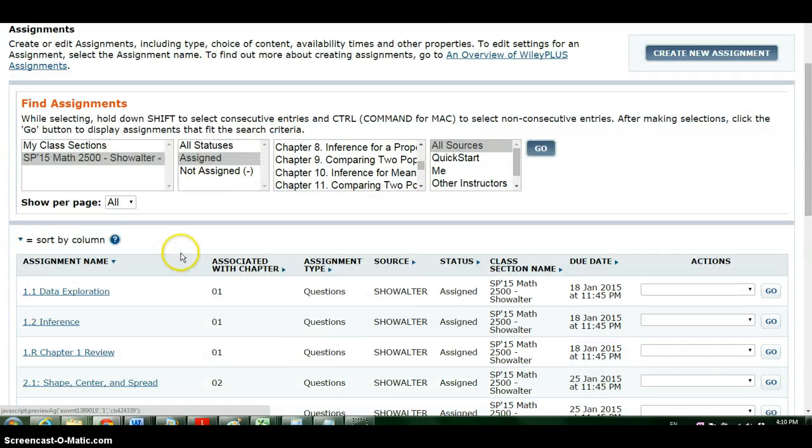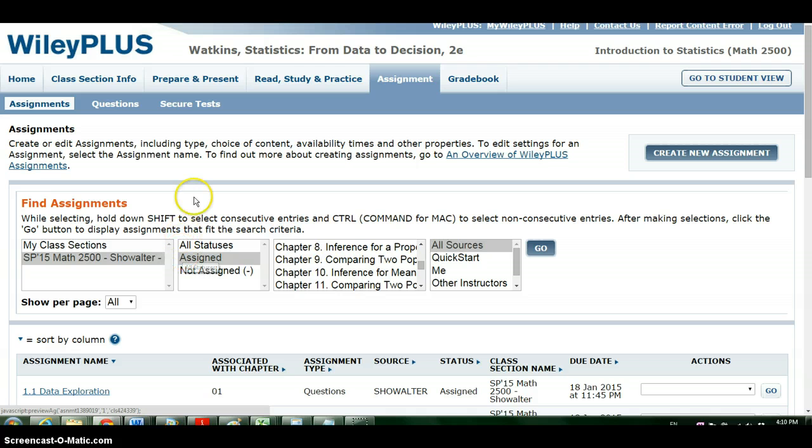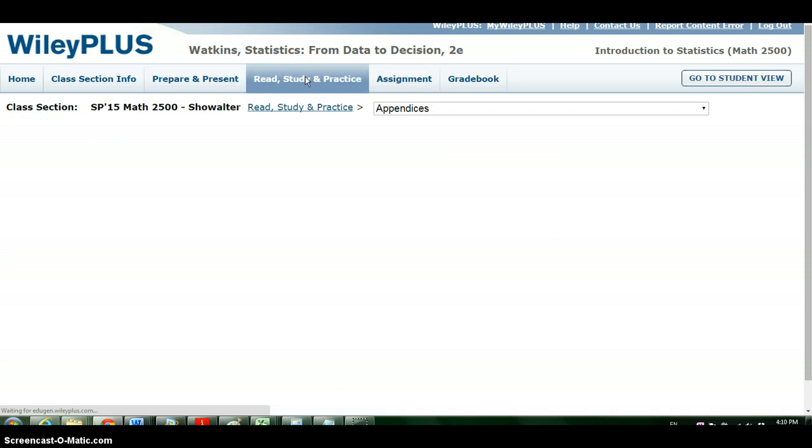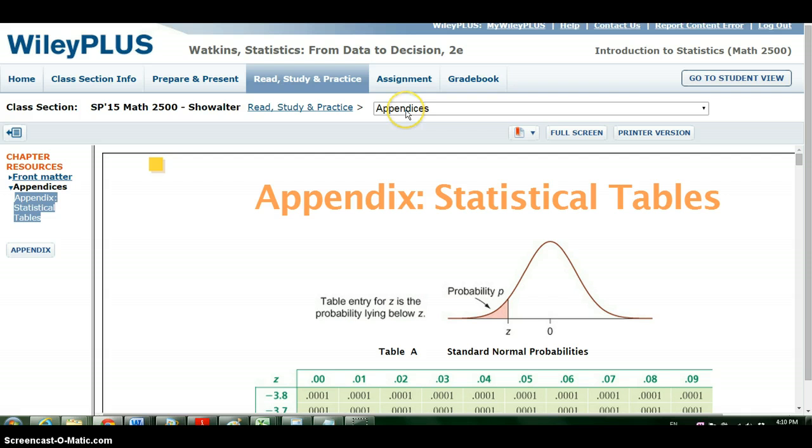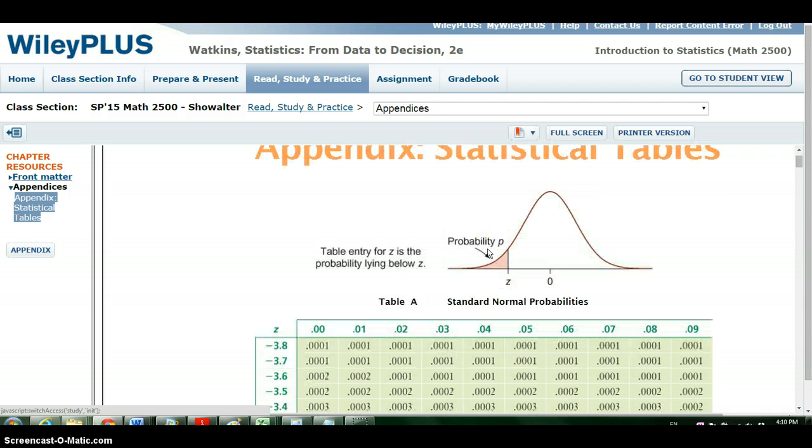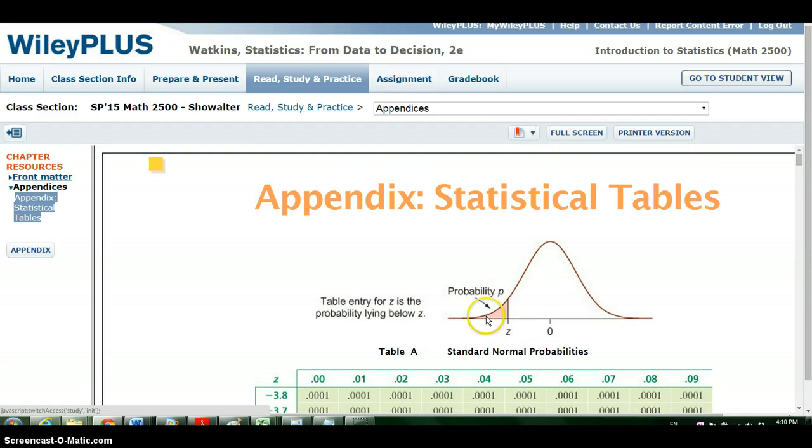If we go to Read, Study, and Practice, and then the appendices, the statistical tables, we'll get this standard normal probability table. Do be careful if you use a version of this online, like Googling it.